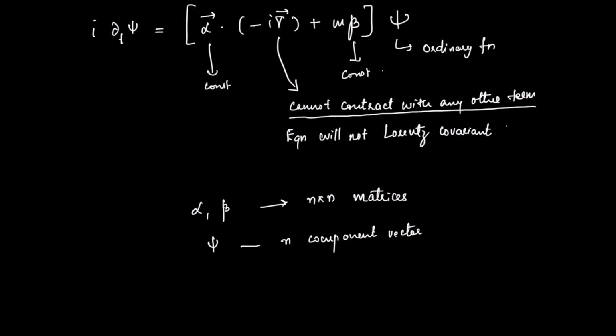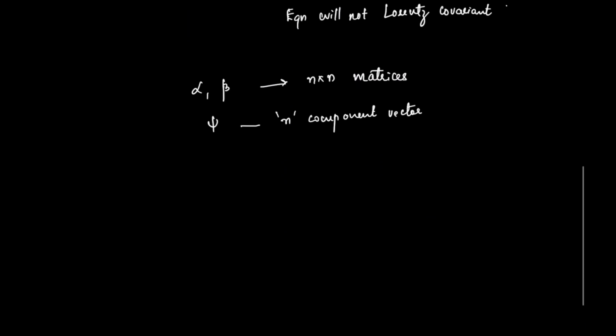So if alpha and beta are n cross n matrices and psi is an n component vector, right? For the Hamiltonian H to be Hermitian, alpha and beta have to be Hermitian matrices.